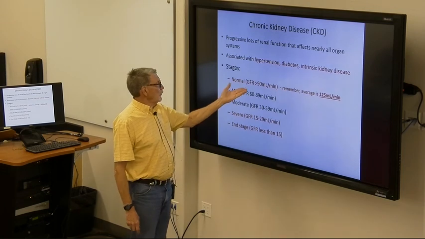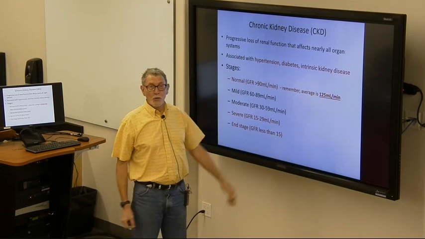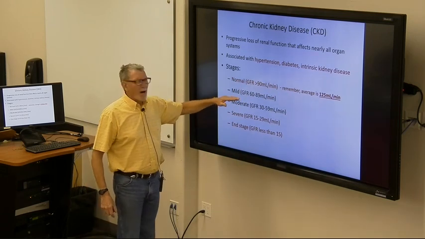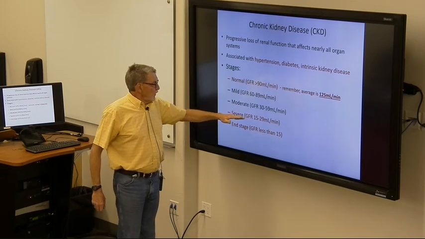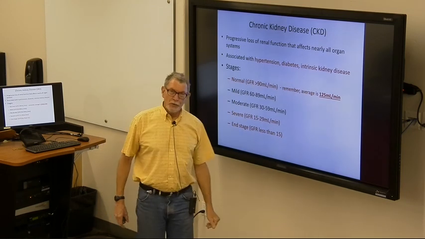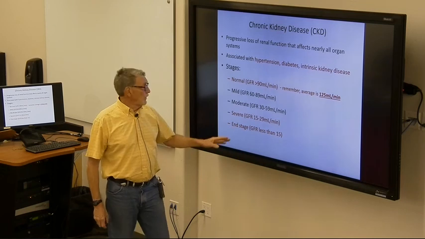And if you drop down to about 90 to 125 is still in the normal range. You get below that, and you're in mild kidney failure. Below that, it's moderate. Below about 30, you're in really serious kidney failure, and end stage is 15. That's a good number to remember.